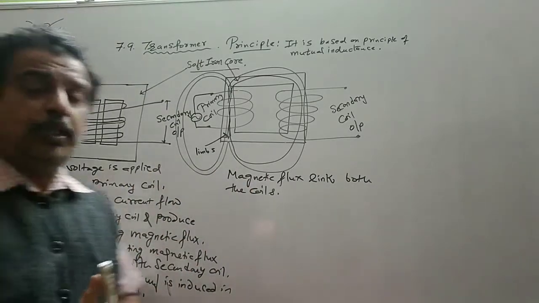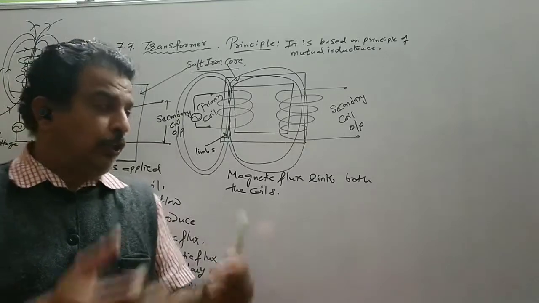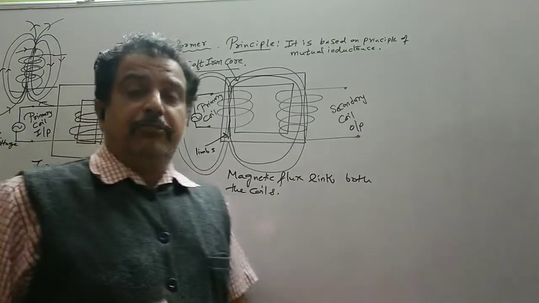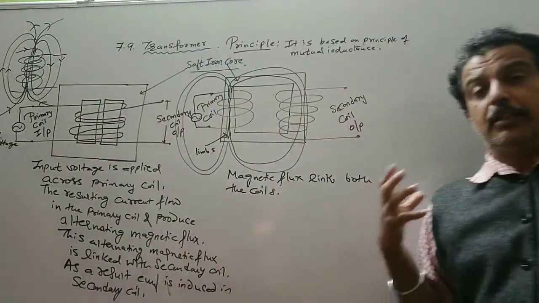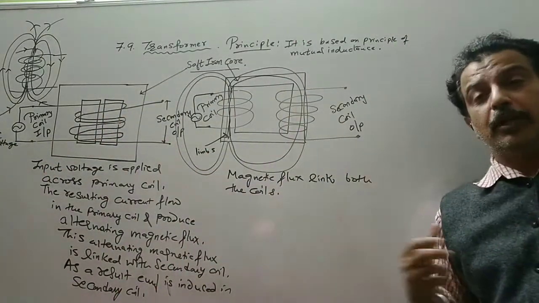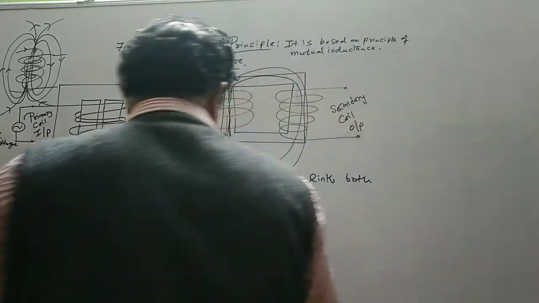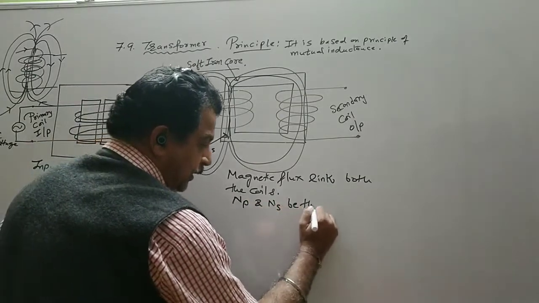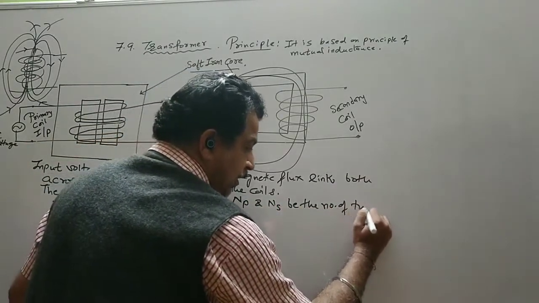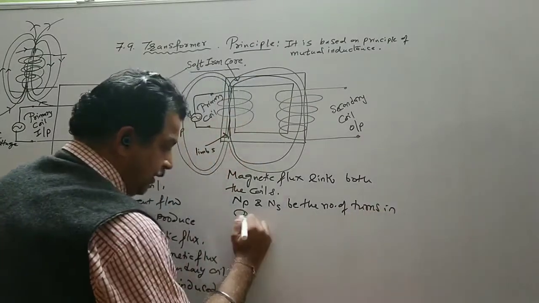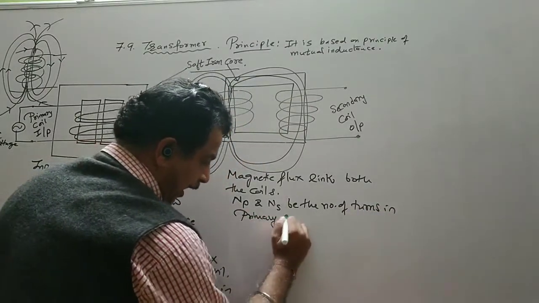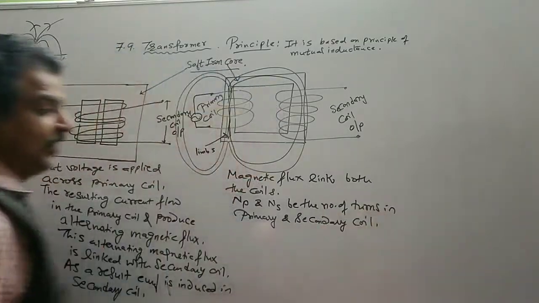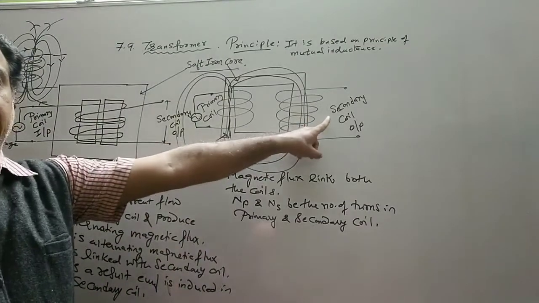Now let us come to the mathematical treatment of this transformer, from where we can understand how it works as a step up or a step down transformer. So we have NP and NS as the number of turns in the primary and secondary coil. Now EMF is induced in the secondary coil.